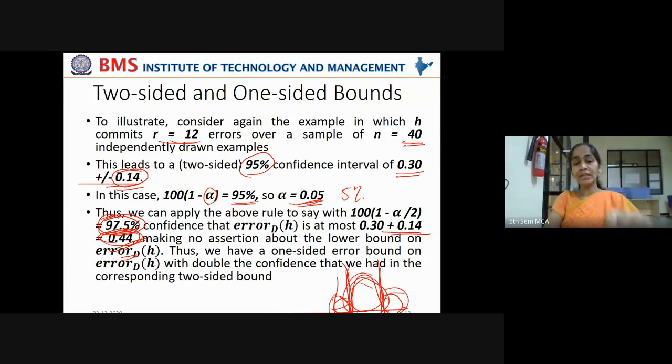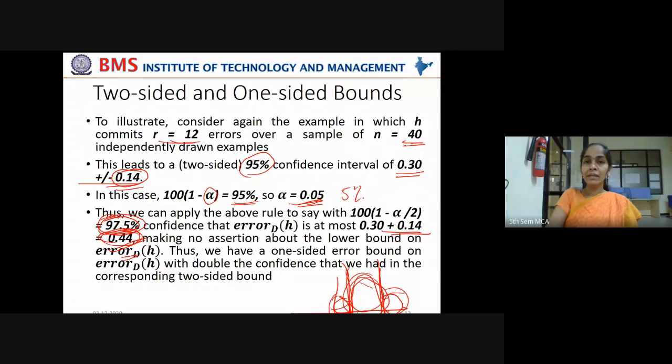Now, the other way, if you find it is 0.30 minus 0.14, in that case you are making an assertion on the lower bound, but you are making no assertion on the upper bound.